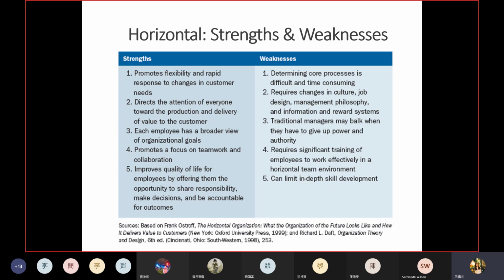And so when we look at weaknesses, first, determining core processes is difficult and time-consuming. Indeed, it is, because when we originally look at analyzing a business, we see it in terms of functions.